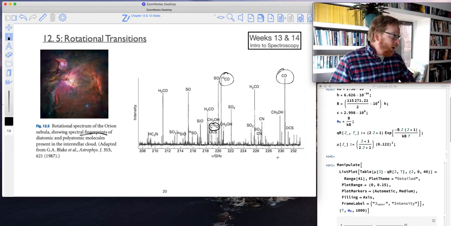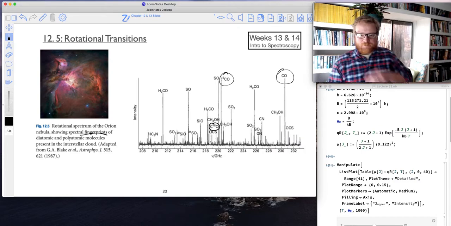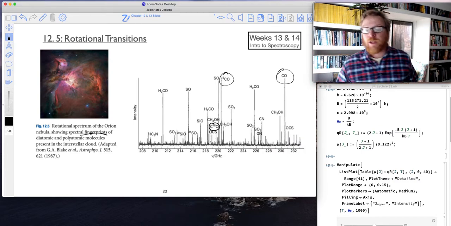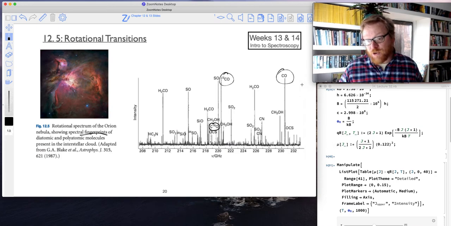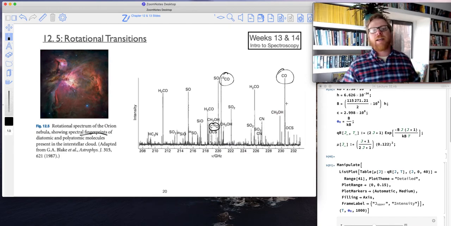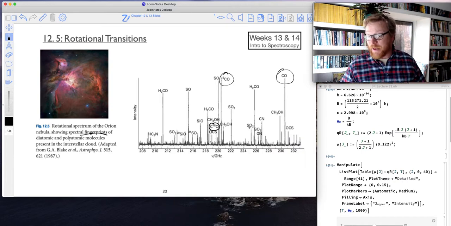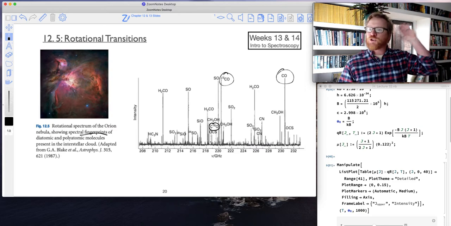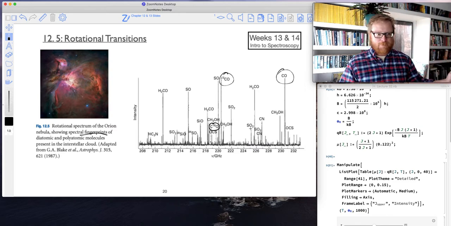But if we looked further down the spectrum and saw another carbon monoxide peak, corresponding to the 2 to 3 transition, we could make some assumptions about the temperature of this nebula, which is so cool because it is trillions of miles away. And yet we can still get a good estimation of its temperature, which is really, really cool.